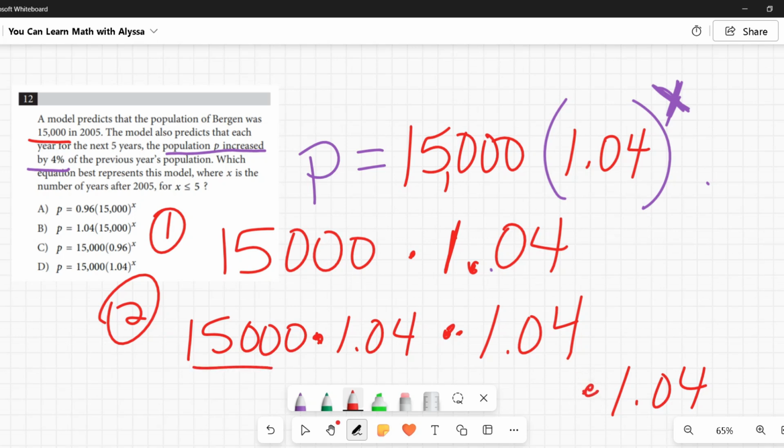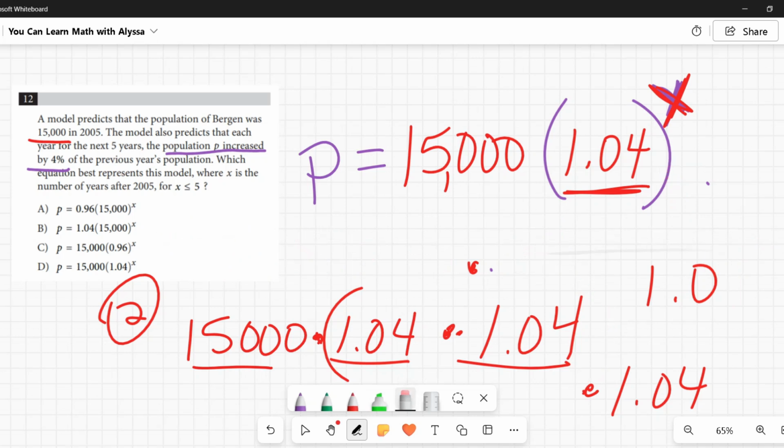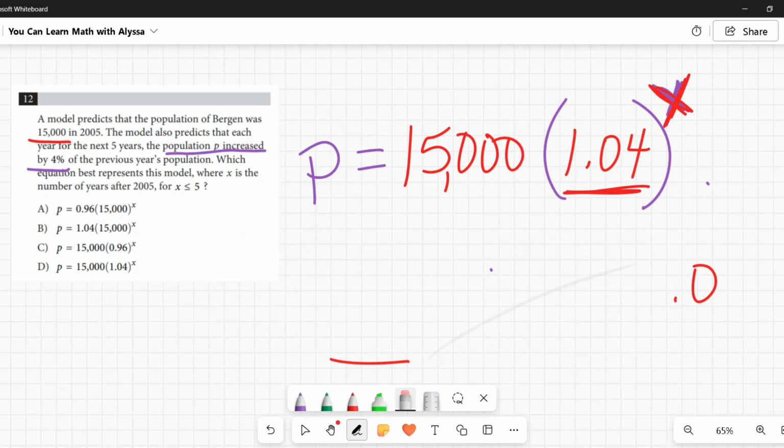So it'd be 15,000 times 1.04 times 1.04. That right there is the same as 1.04 squared. Second year, I multiplied it by 1.04 squared. 1.04 to the power of the number of years. That's why that works. All right, so we've created our equation, and there it is, 15,000 times 1.04 to the power of x, and that is D.